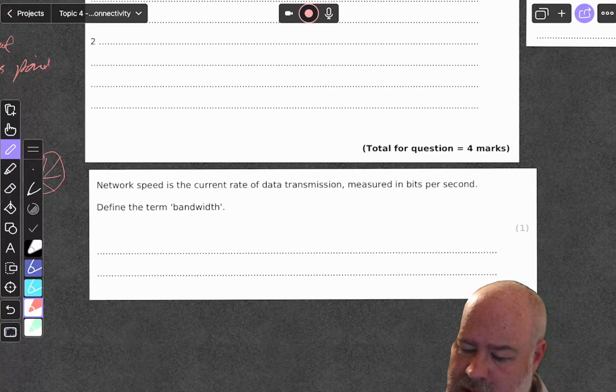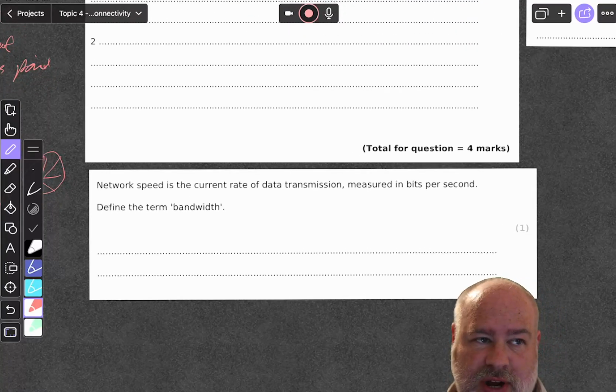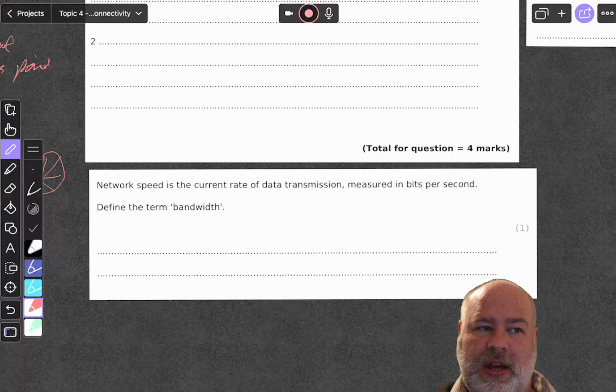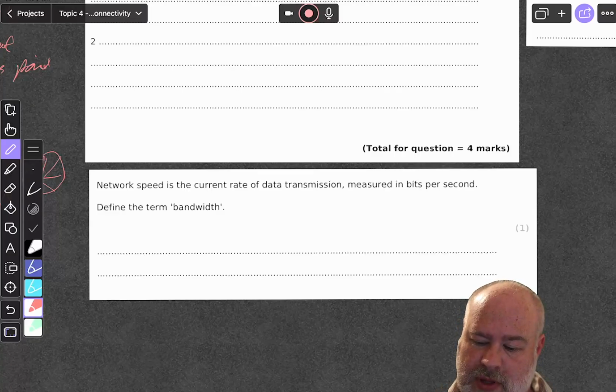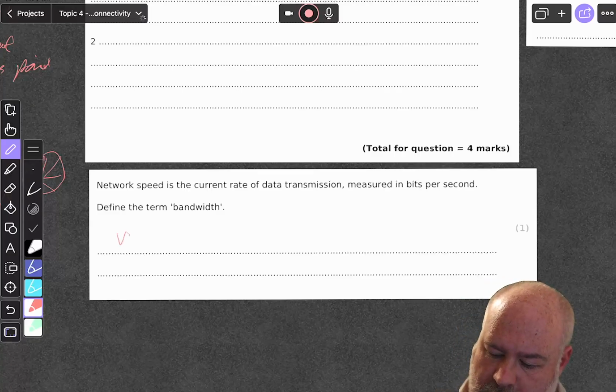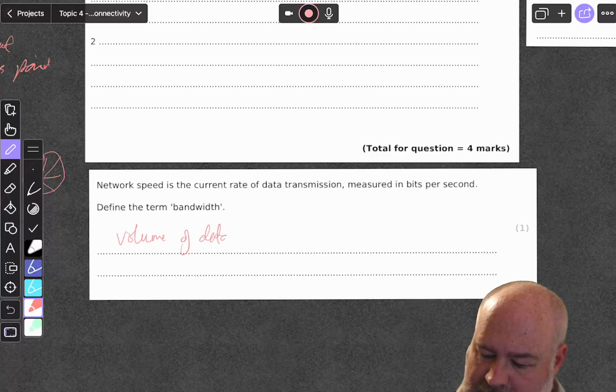Network speed is the current rate of data transmission. So it's asking to define the term bandwidth. You want to use words like volume of data. That's what we looked at earlier.